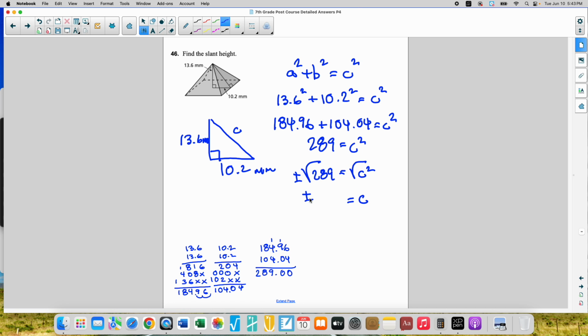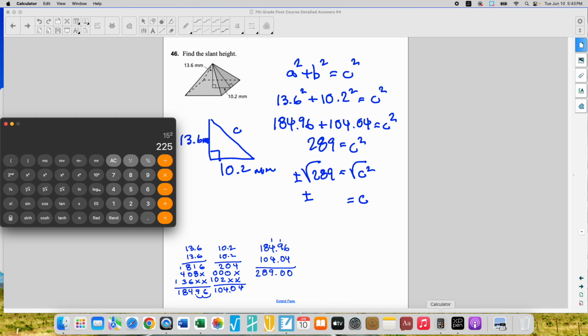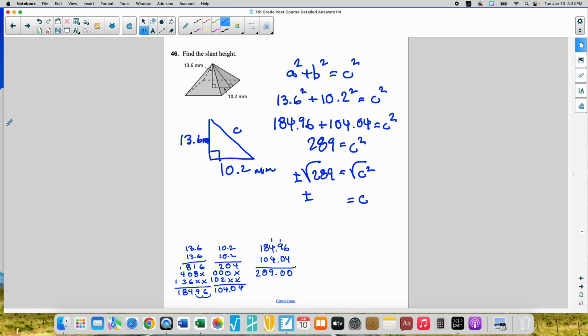Okay, what could that be? The square root of 289. Could it be 17? Let's check it out. Let's see if it's 17. The square root of 289 equals 17, and the units are millimeters.